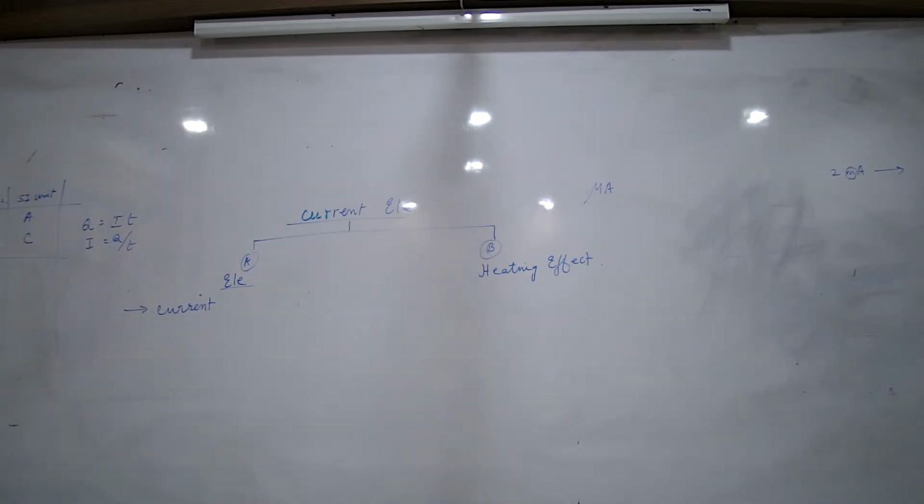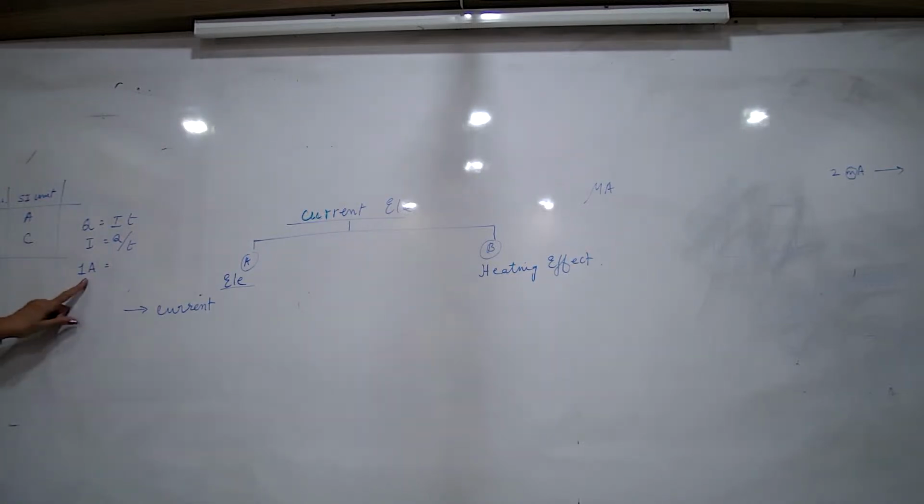Now, if I am asking you to define 1 ampere, how do you define 1 ampere? 1 coulomb of charge per second. Okay, you are almost close to it. When 1 coulomb of charge passes through a conductor cross section per unit time.